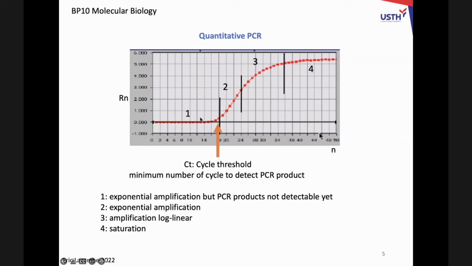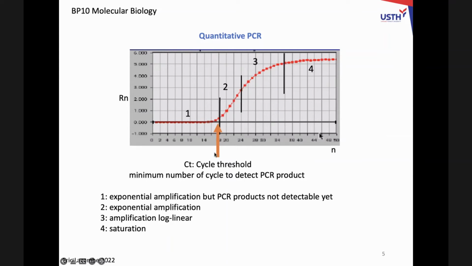So it means that phase number 1 and phase number 2 are both exponential. It is exactly the same. And what makes the difference between phase 2 and phase 1 is only the possibility of seeing the PCR product, or the impossibility of seeing the product because of this threshold.